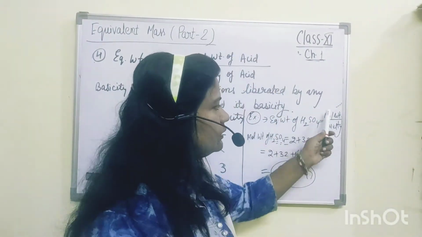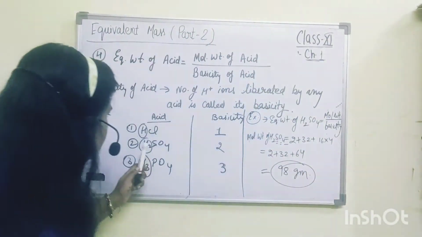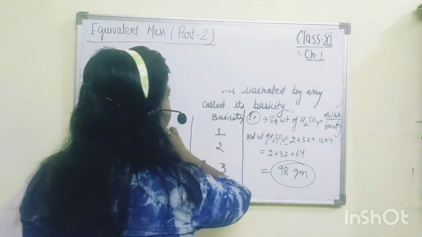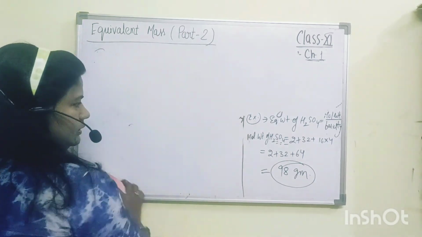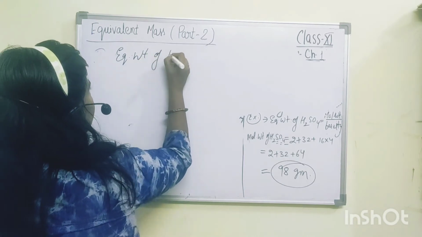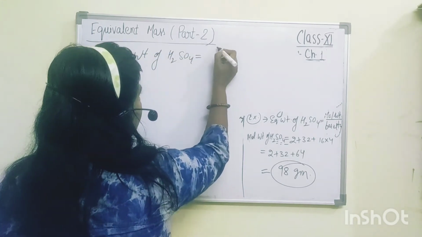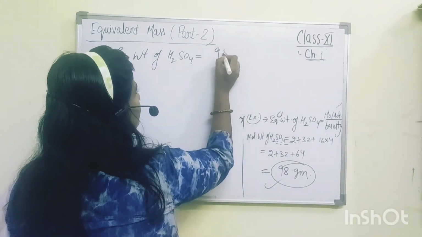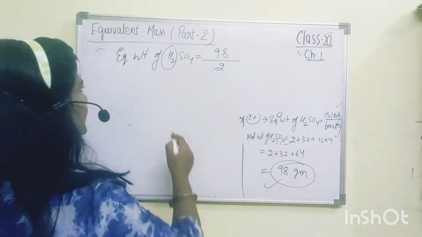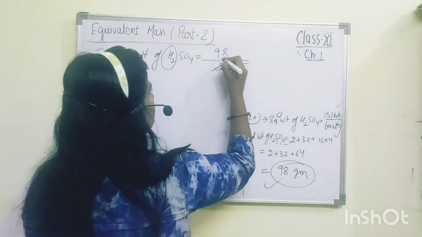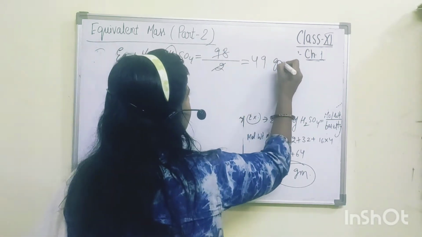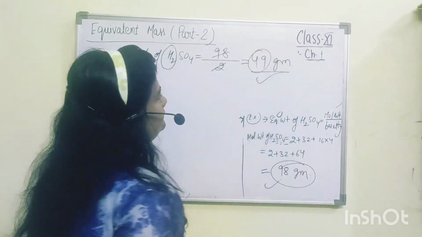Equivalent weight is molecular weight divided by basicity, and basicity of H2SO4 is 2, since the number of ions released by H2SO4 is 2. So the equivalent weight of H2SO4 is 98 divided by 2, which is 49 gram.